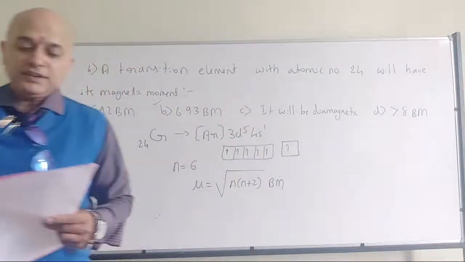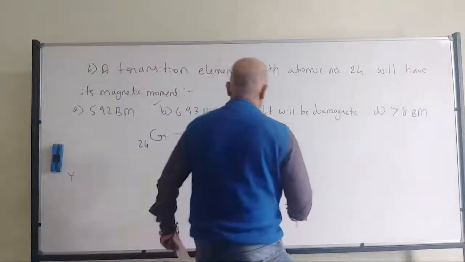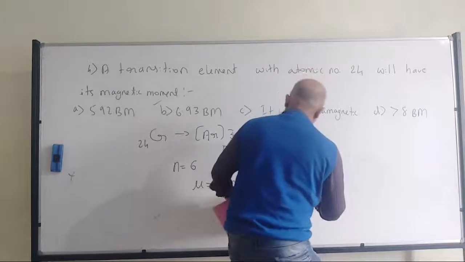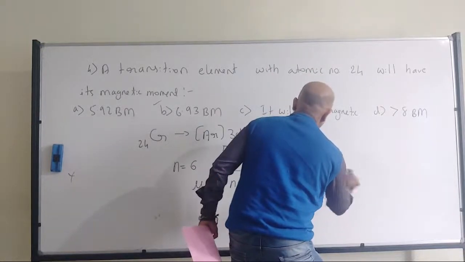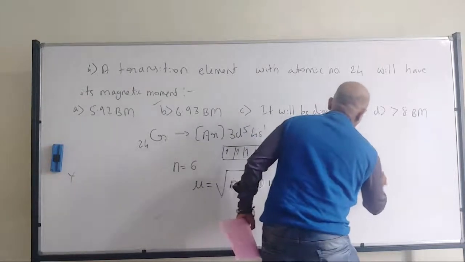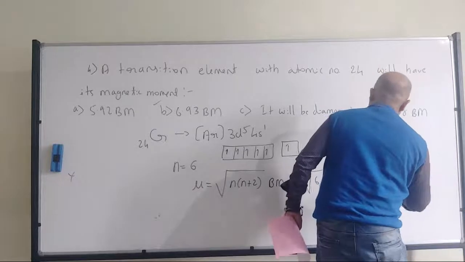Now if you solve it further, it will become 6.93. So n is 6, so 6 into 6 plus 2 is equal to square root of 48.